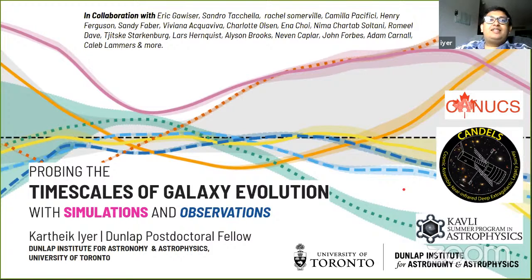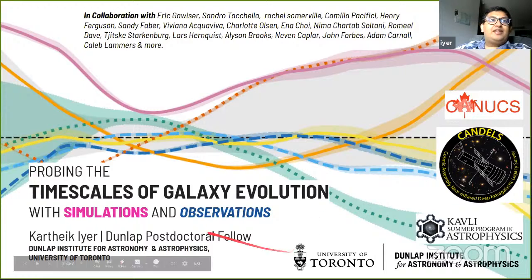In addition to this, one of the key results in this work comes from something called the Kavli Summer Program in Astrophysics, which is a summer-wide session where advisors and students from all over the world come together to work on specific topics. So for the grad students in the audience, I highly recommend this.